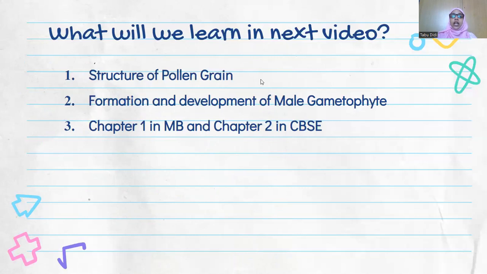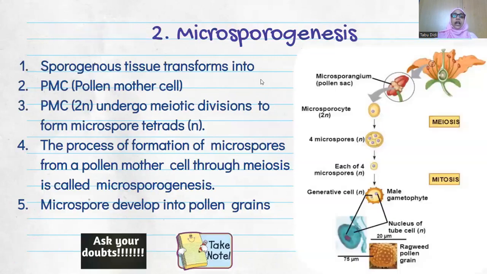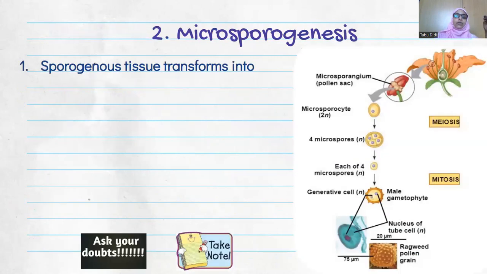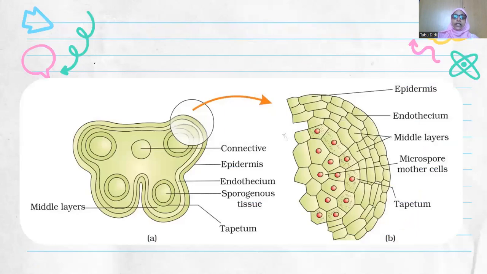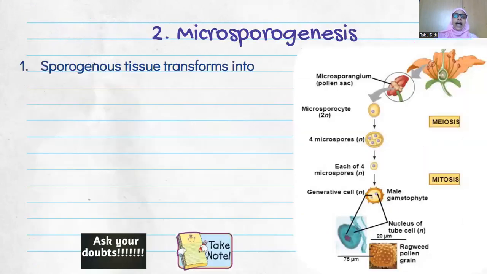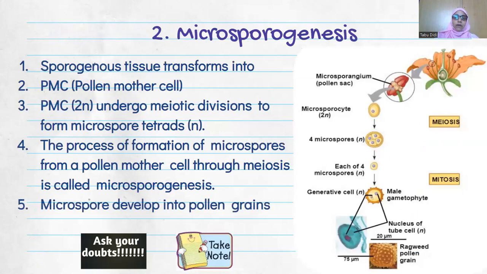So that was all in this video. We covered the structure of anther in detail. This is one of the most commonly asked diagrams in the exam. So practice drawing it and remember the labelings of the TS of anther. And then what is microsporogenesis?